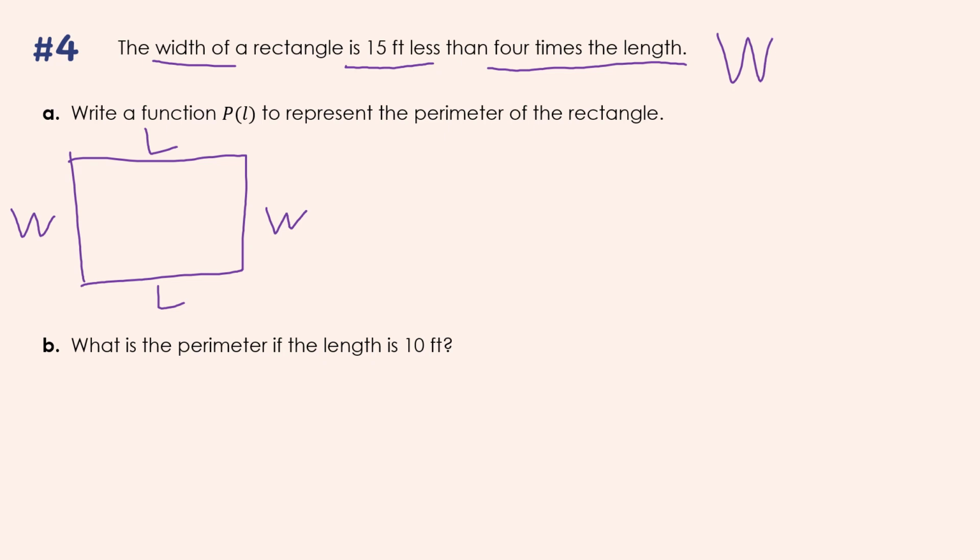So 15 less means you're subtracting 15. So make sure you don't do 15 minus, make sure you do minus 15. And then 4 times the length means 4 times L. So in my picture, I'm going to take those widths out this time, not the length. And I'm going to change those widths into 4L minus 15.